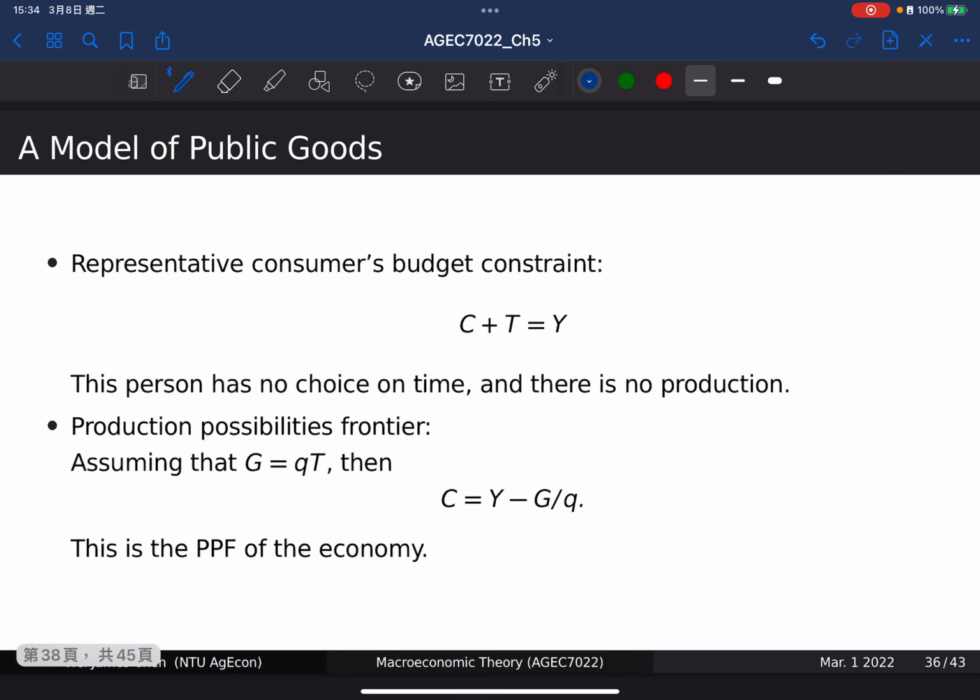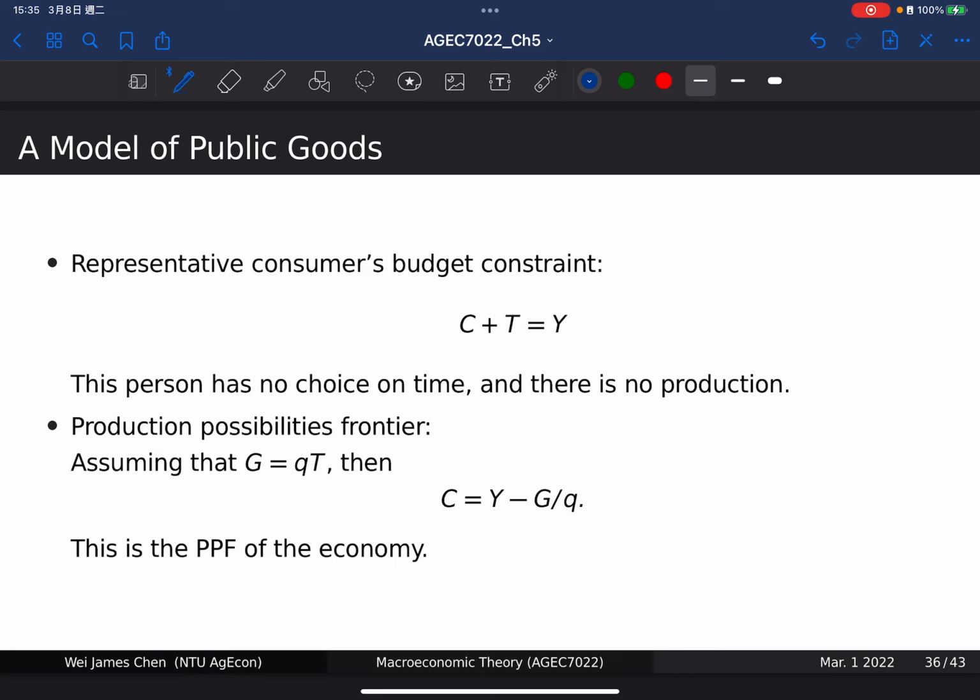Okay, so in this model, there's no firm basically. We don't have a firm here. We remove the firm. So the representative consumer's budget constraint becomes really simple.